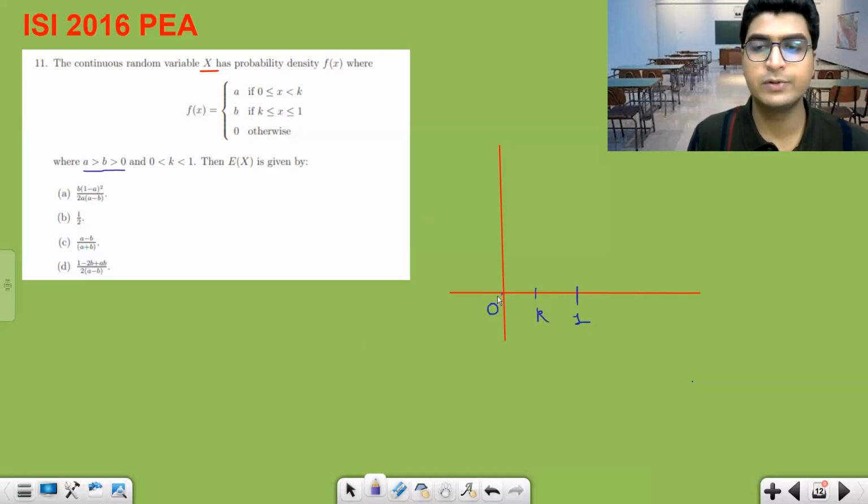Okay, so for 0 to k, value is a. ठीक है, including 0, excluding k, and for x between k and 1, it is b, including both k and 1, and otherwise it is 0.